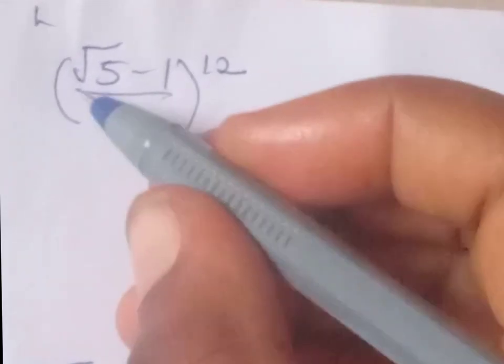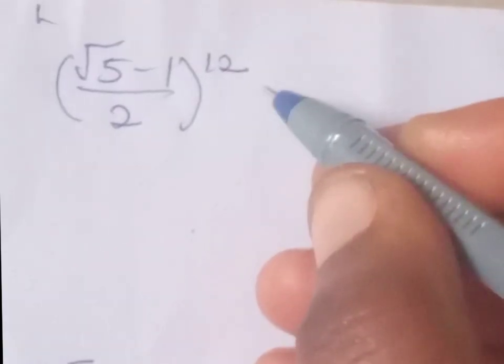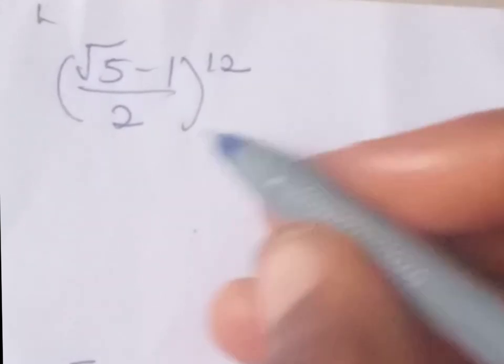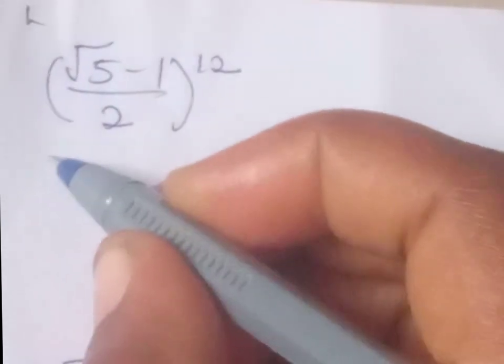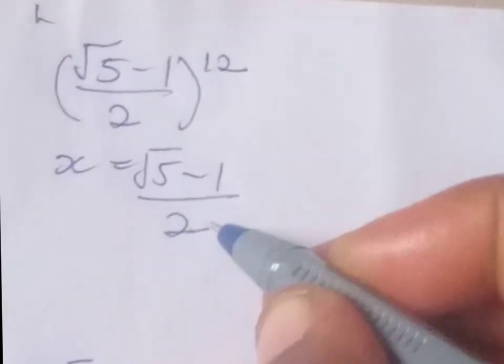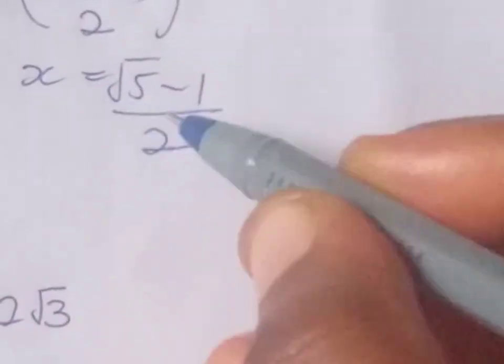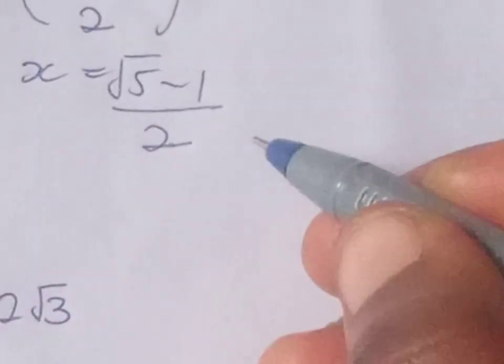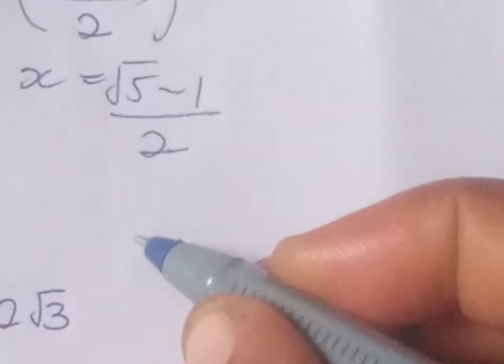Instead of multiplying these 12 times manually, let's use the power of repeated squaring. That is, let x equal root 5 minus 1 divided by 2. Since x equals root 5 minus 1 divided by 2, let's find x square.